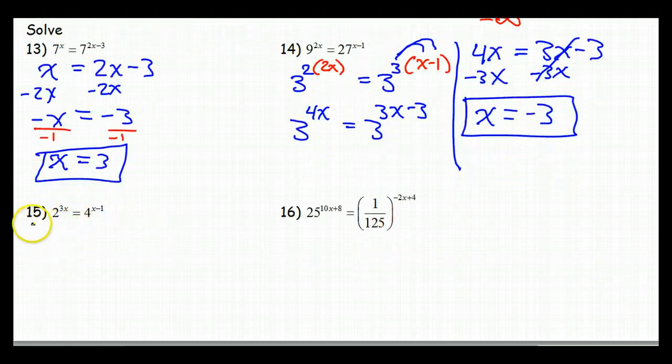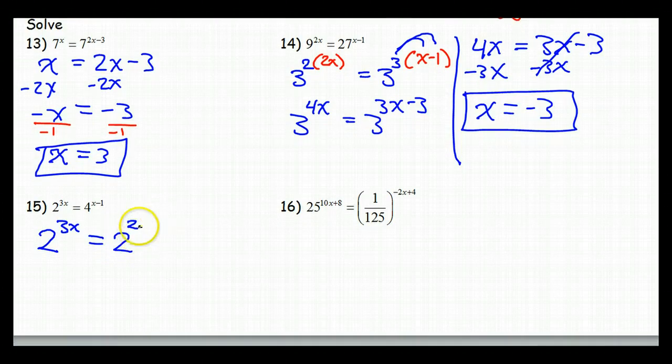All right, similarly, on number 15, we need these bases to be the same. I can tell that 4 can be written as 2 squared. So I can go ahead and keep this one, 2 to the 3x. But this 4 has to be written as 2 squared. I've still got this x minus 1, just put it in parentheses. So that means I'll have 2 to the 3x power equals 2 to the 2x minus 2 power.